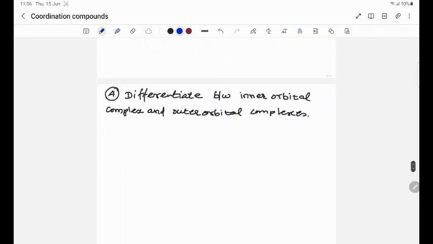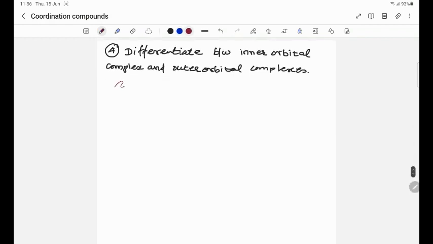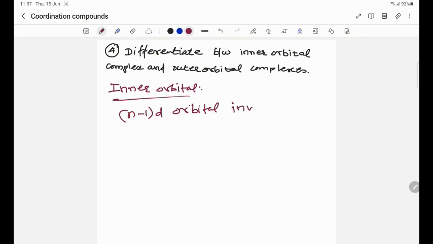And the fourth question is, differentiate between inner orbital complex and outer orbital complex. What is inner orbital complex? The octahedral complex in which the inner d orbital, that means (n-1)d orbital, is involved in coordination.